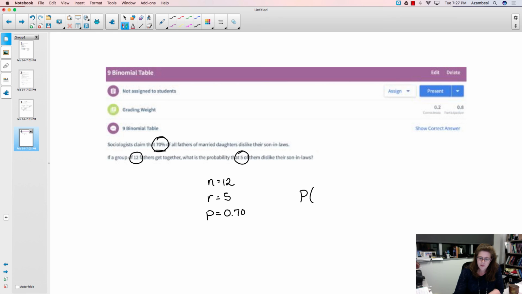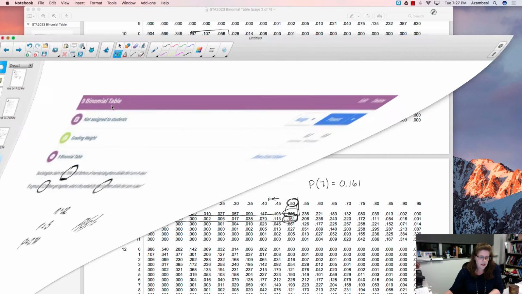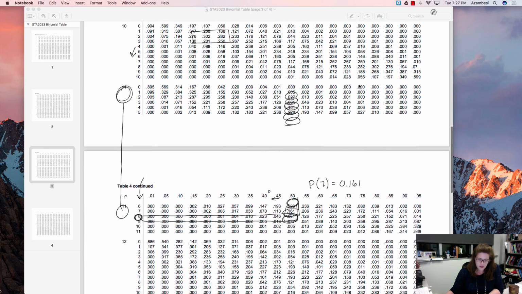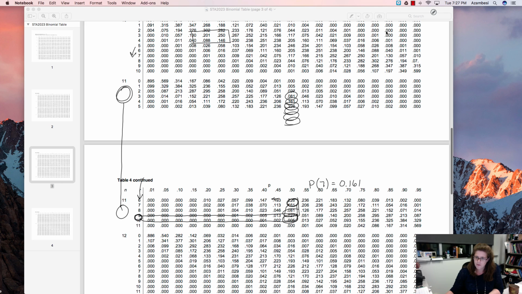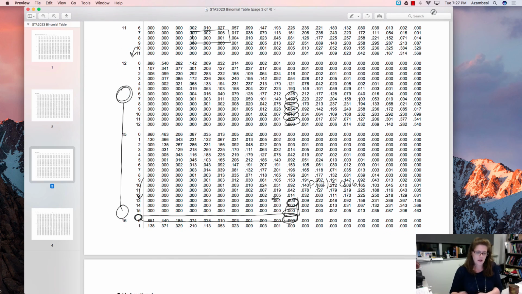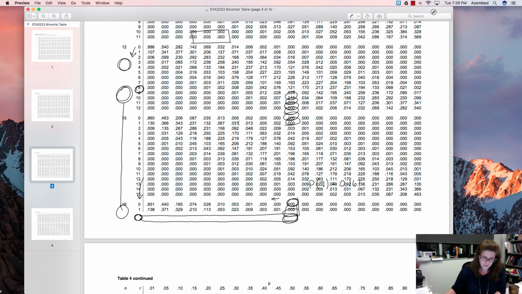So looking at the table, the probability of 5, I'm going to get off of the slides and go to the binomial table. The first thing I'm looking for is an n value of 12, and here I have an n value of 12, an r value of 5, and I'm going to move over until I have the 0.7 column.